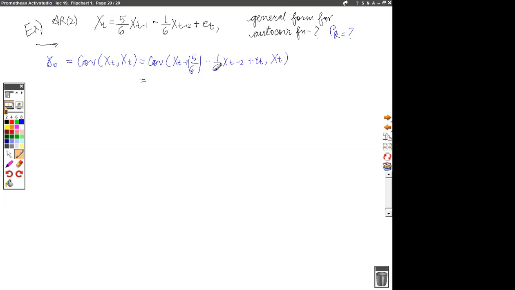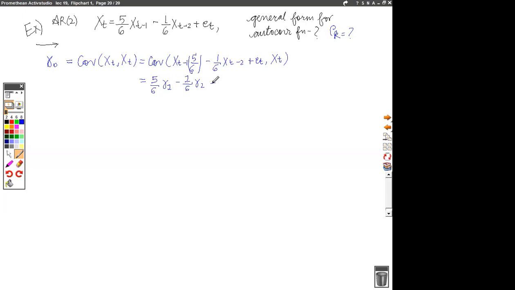I can easily write 5 by 6, and the covariance of xt minus 1 comma xt will just be gamma 1. Similarly, I'll get 1 upon 6 gamma 2 here.